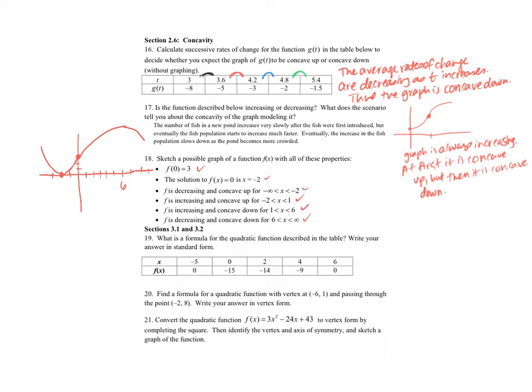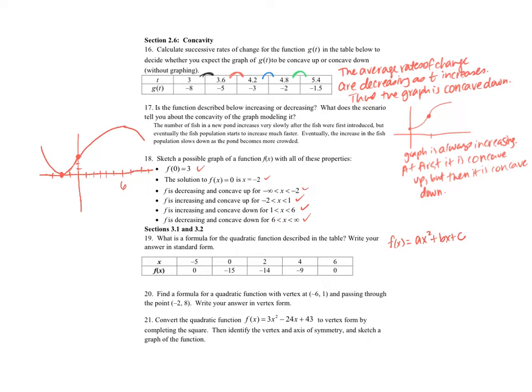All right, next one. What is the formula for the quadratic function described in the table? Write your answer in standard form. So for this next one, I want to write a formula for a quadratic function. So we know that it looks like this: f of x is equal to ax squared plus bx plus c. When x is 0, those first two terms are gone.